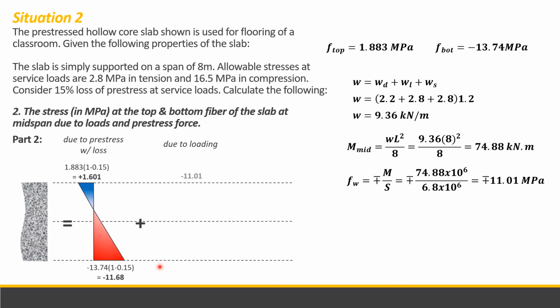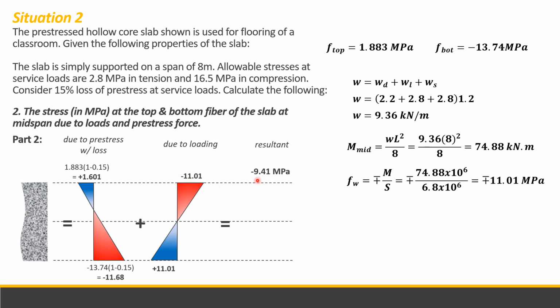And then due to loading, we have 11.01 megapascal. This is negative at the top and positive at the bottom. So the resultant stress is negative 9.41, that is 1.601 minus 11.01.